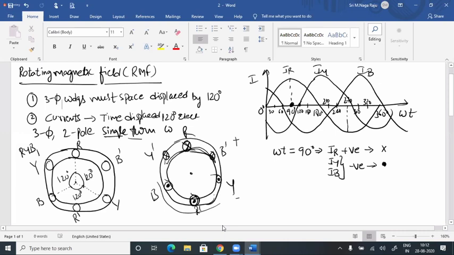Now, if you apply Fleming's, okay, what is right hand thumb rule? Hold the conductors in such a direction such that thumb must indicate the current direction. Remaining four fingers will indicate the flux direction. Now, here, place your right hand thumb and four fingers such that thumb indicates the current direction. Then the remaining four fingers show clockwise or anti-clockwise direction.